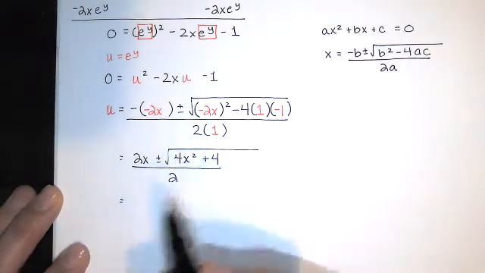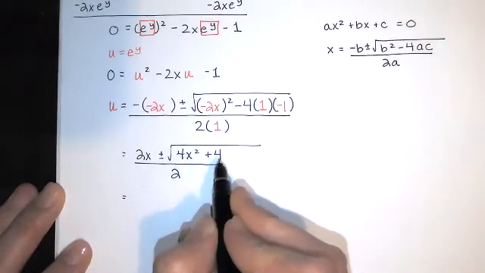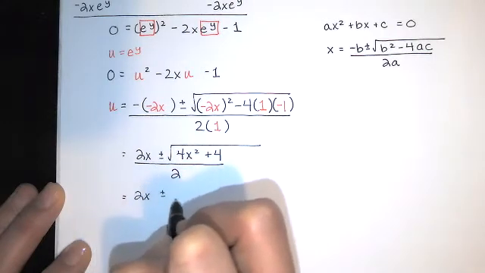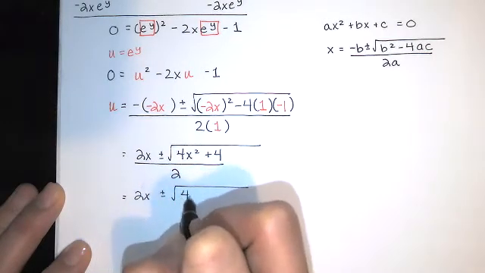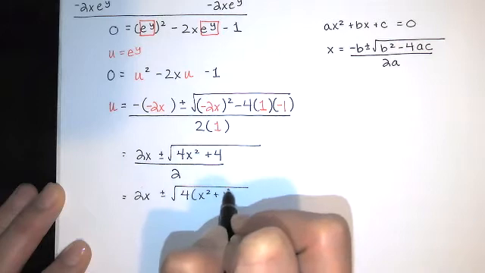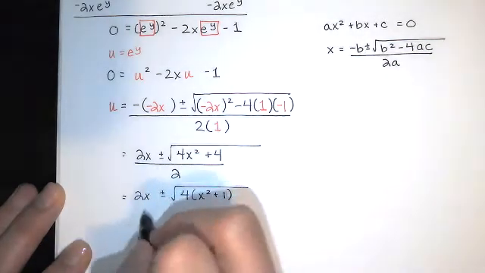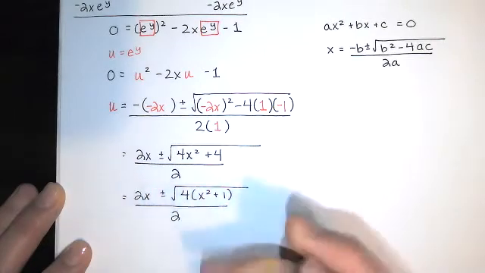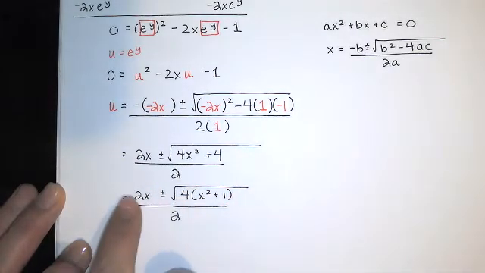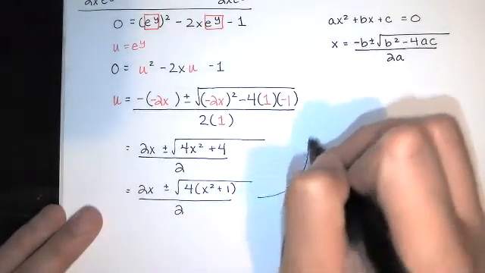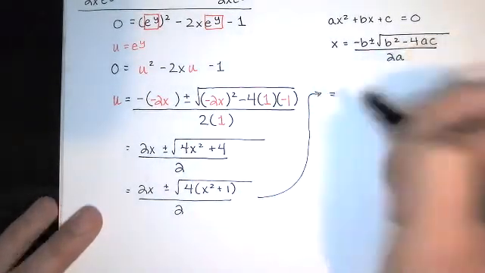I can factor out a 4 from that 4x squared and that 4. And the benefit I see in doing that is now I can take the square root of this factor and the square root of that factor separately. And I see that I'll have a 2 there and a 2 there, and everything will be divisible by 2. So this is going to work out really nicely.